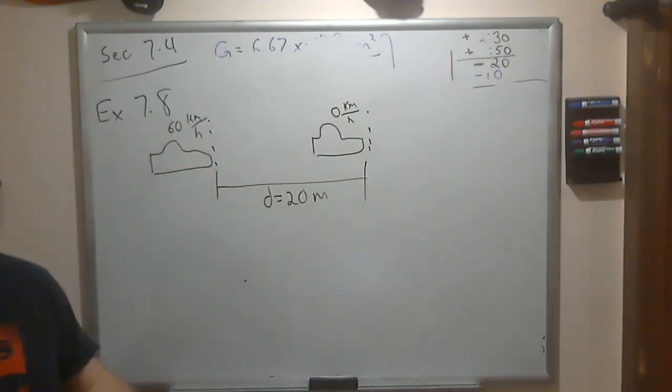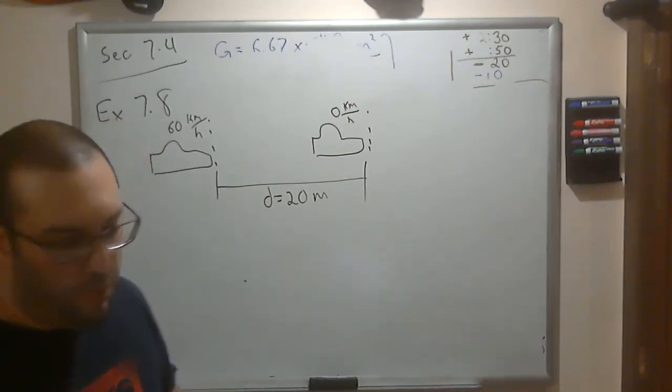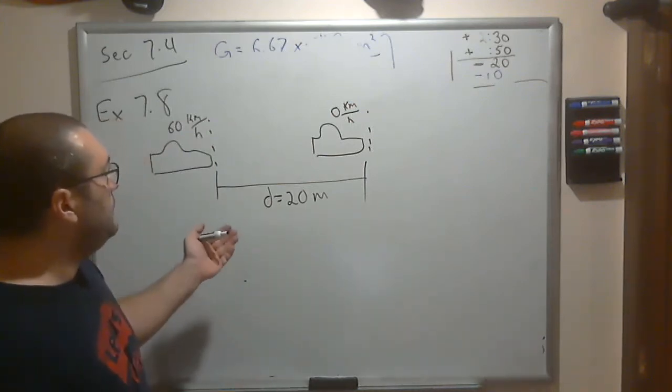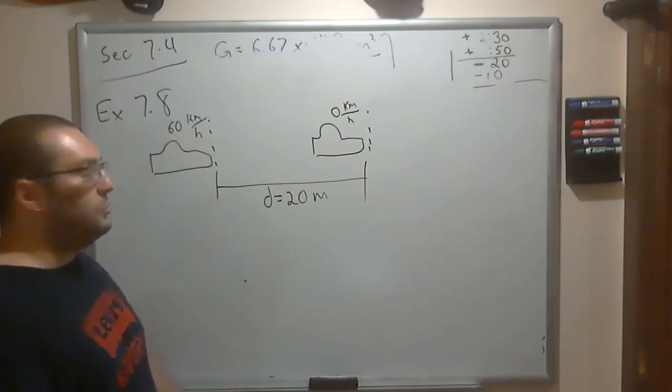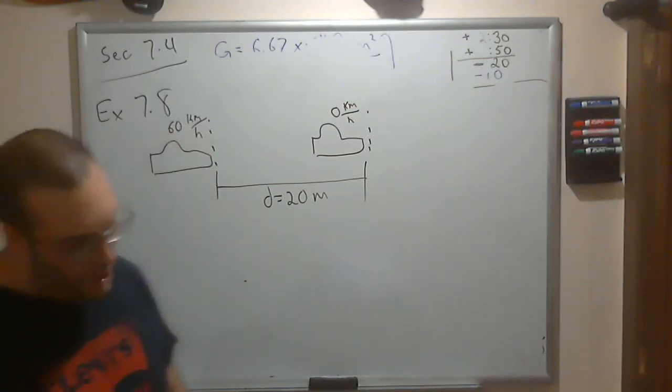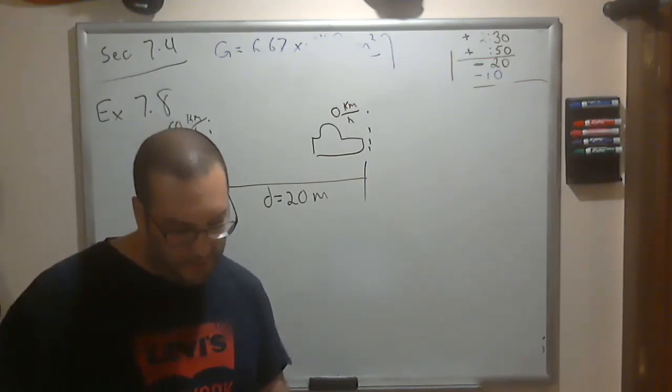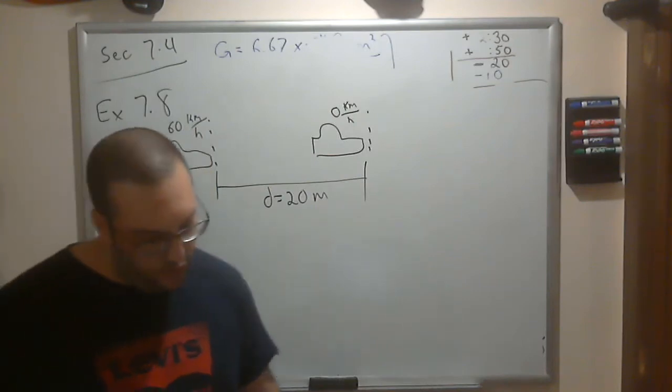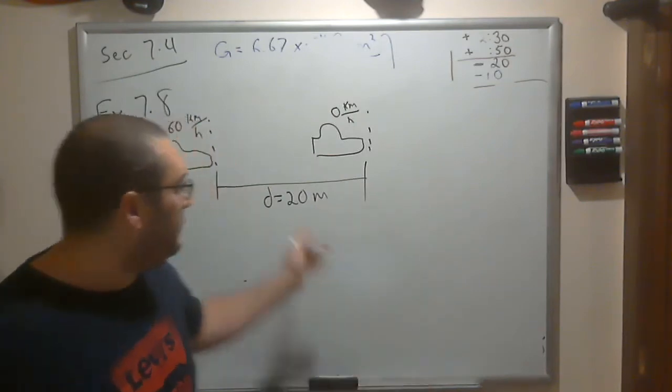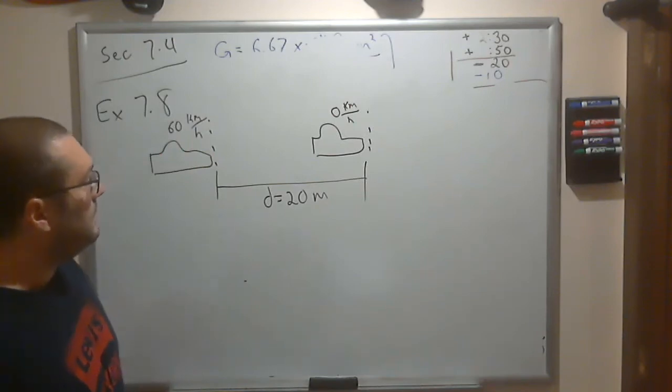Now I want to ask, how long will it take to brake if I'm going twice as fast, 120 kilometers per hour? What is the stopping distance? How long does this distance have to be, right?